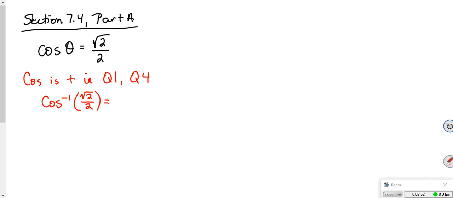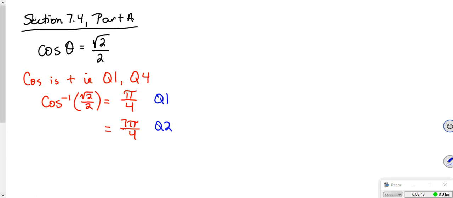So in quadrant 1, this is pi over 4. It is also 7 pi over 4. So again, you have to account for each possibility.